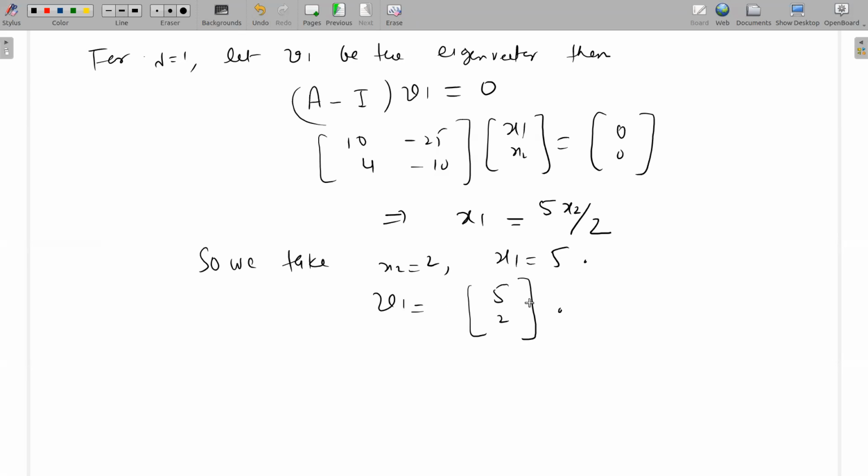तो अब सेकंड क्या करें आगे? तो सॉल्यूशन भी लिख दो. So the solution corresponding to this eigenvector is y1 equal to v1 e power lambda t.